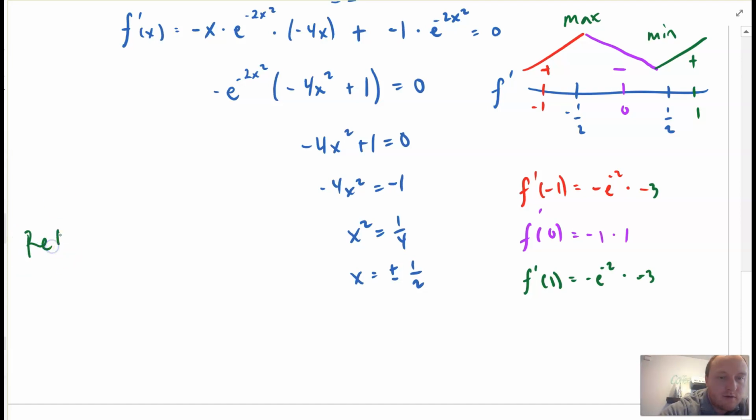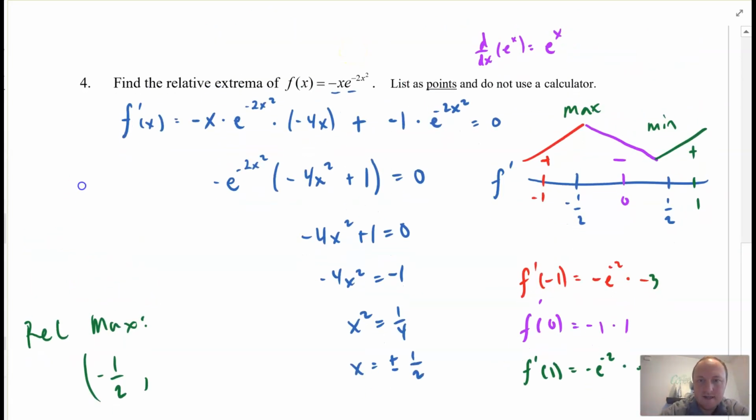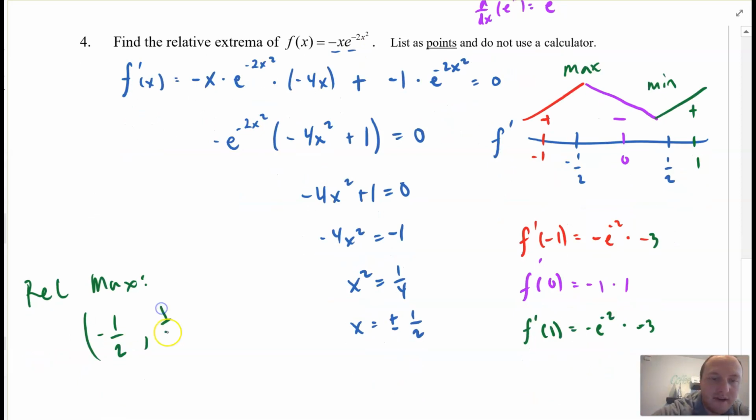So our relative max, okay, I'm going to plug those into our actual function. So negative 1/2, comma, and when I plug it into my function here, I get a positive 1/2 times e to the power of, I believe it's negative 1/2.